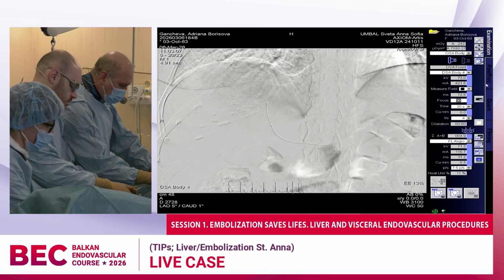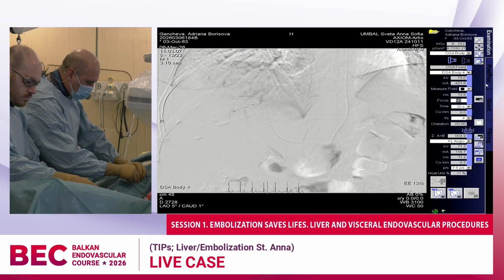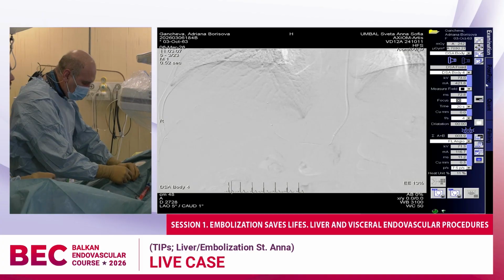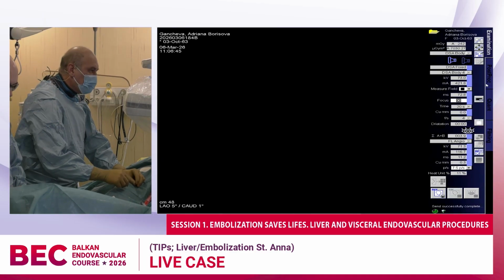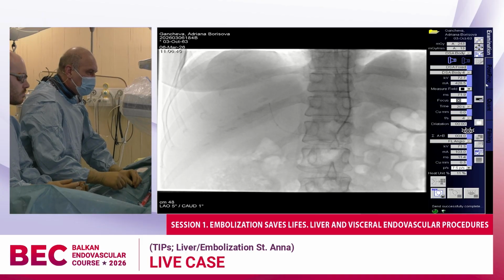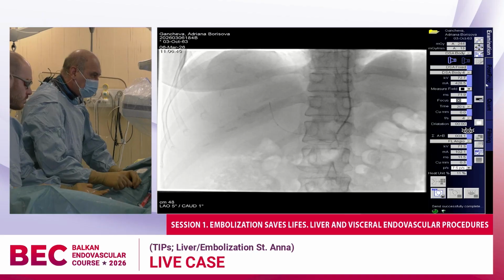So it's a 2.4 French Terumo Progreat catheter. It comes with a very hydrophilic wire, which is a bit more explosive than a standard 0.014 inch wire from coronary procedures. So we are going now with the wire.